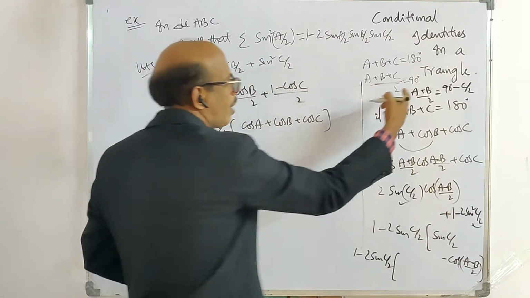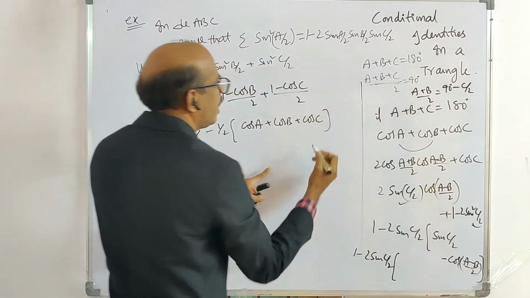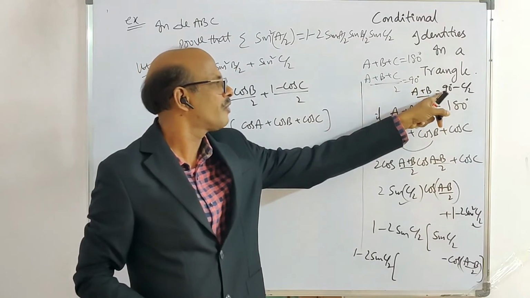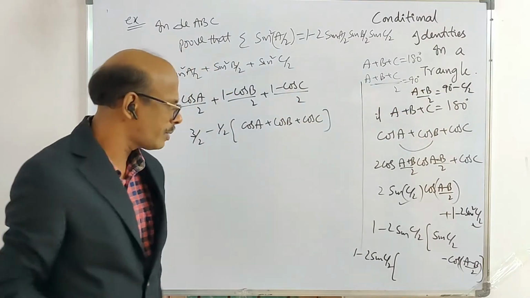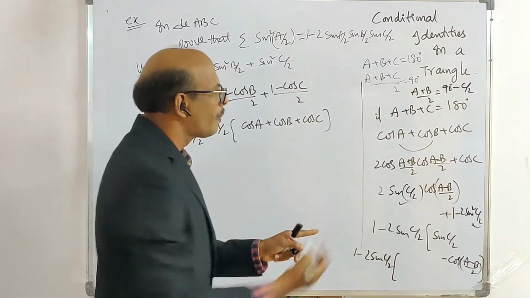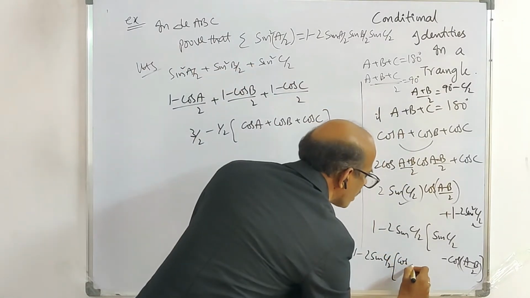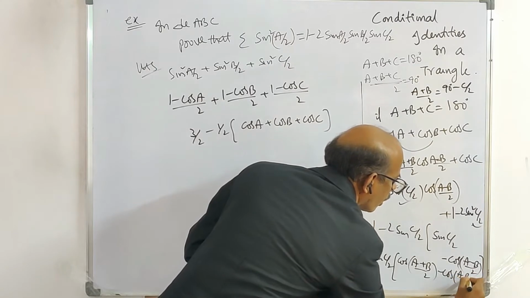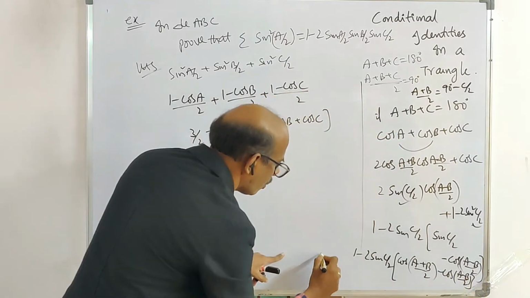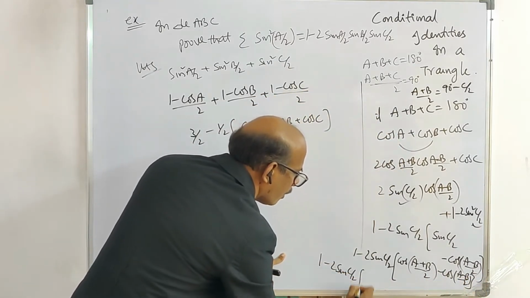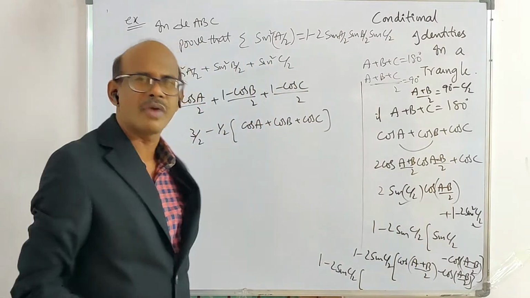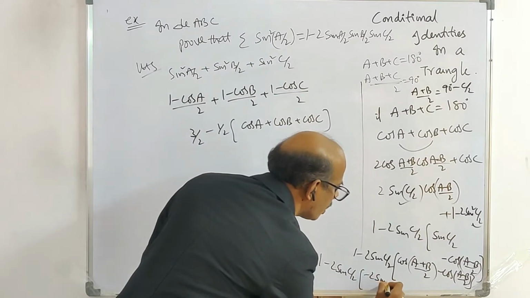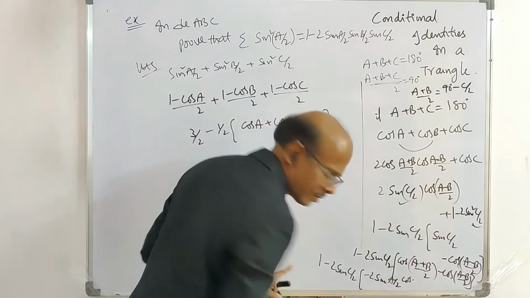Here the same operation: if I consider C by 2 as 90 minus (A plus B) by 2, so sin C by 2 is cos of (A plus B) by 2, cos of (A plus B) by 2 minus cos of (A minus B) by 2. Now by knowing the compound angle formula, cos of (A plus B) minus cos of (A minus B) is minus 2 sin A sin B. So it will be like this.